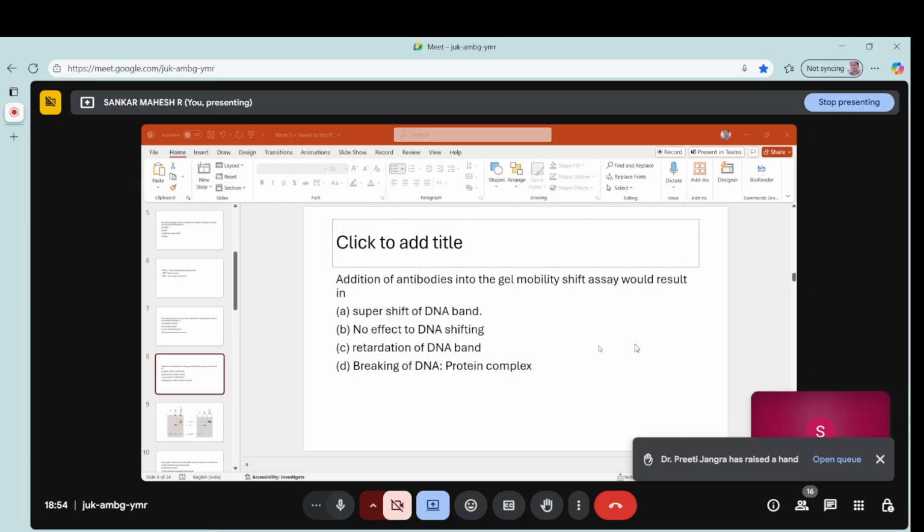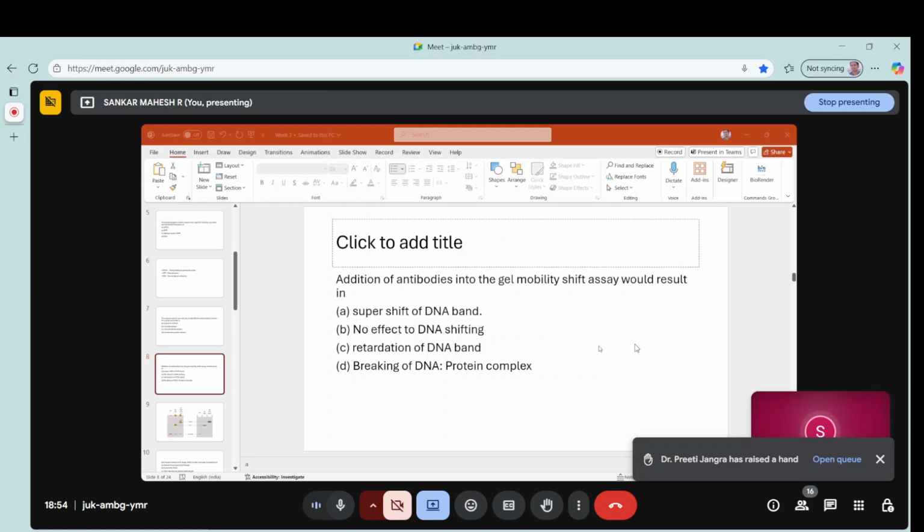On DNA. If the antibody is binding to DNA, how will we confirm that the DNA is bound to another protein? Sorry, sir. Can you ask again? Yeah. So, you mentioned that the antibody binds to the DNA.